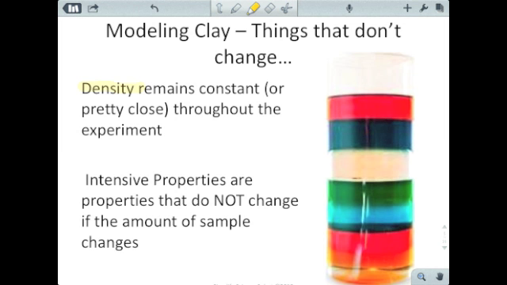Those work out in proportion, and we end up with pretty much the same density. We call those intensive properties, and those are properties that do not change if the amount of the sample changes. So if we have 10 grams of the modeling clay or 1 gram, it should have the same density throughout.